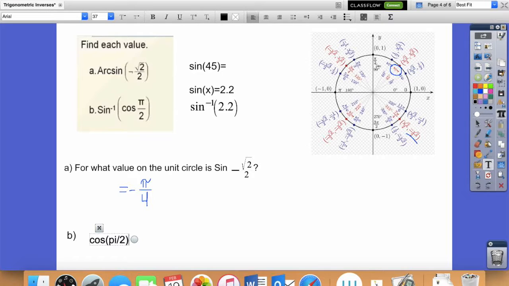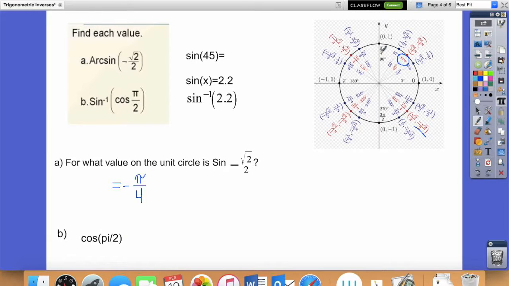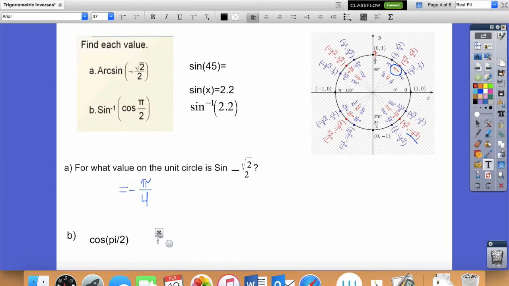Well, here's pi over 2, and my cosine is 0. So first thing we're going to have is arc sine of 0.